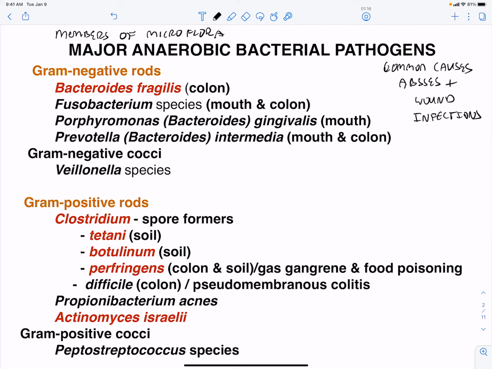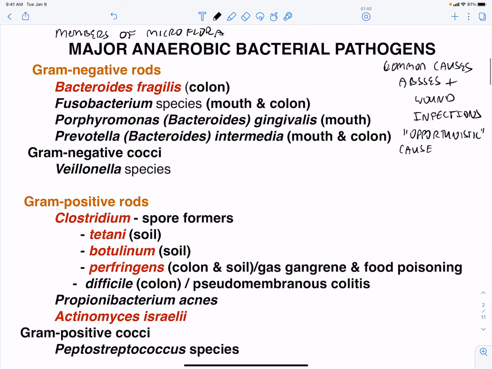So they are really opportunistic anaerobes. They often also are going to cause a disease or be isolated from a wound or a certain area of the body along with other bacterium. So they cause or are associated with mixed infections.